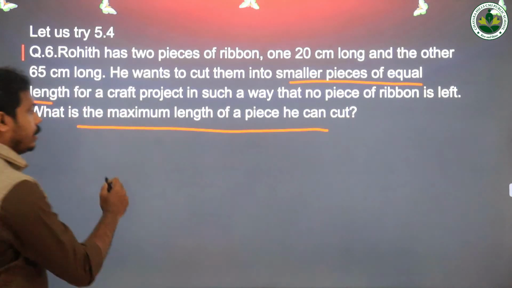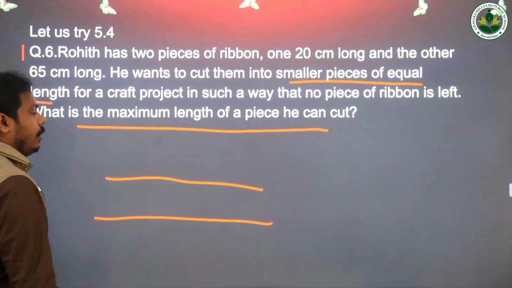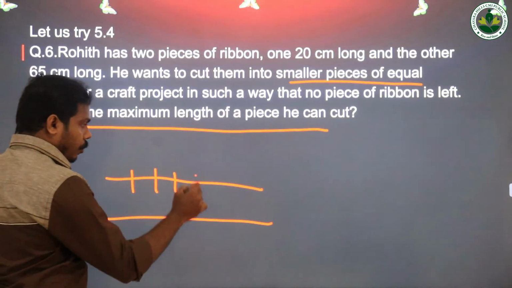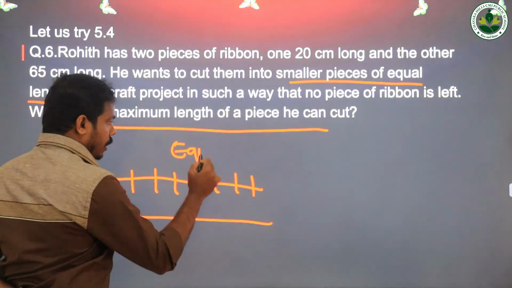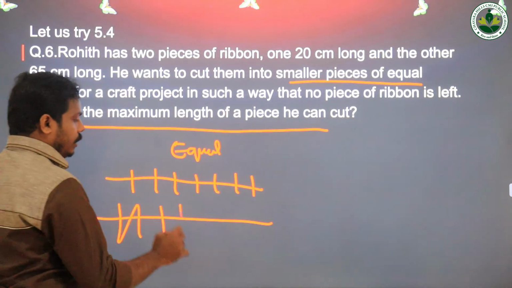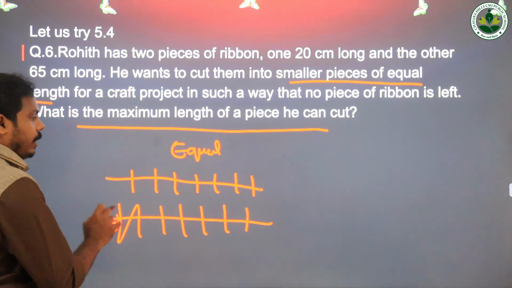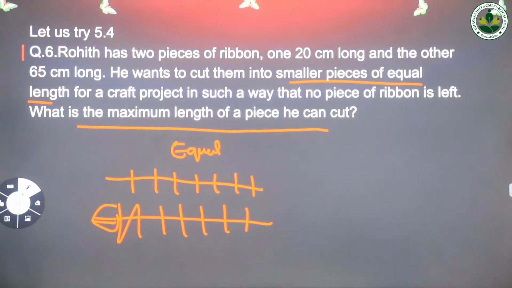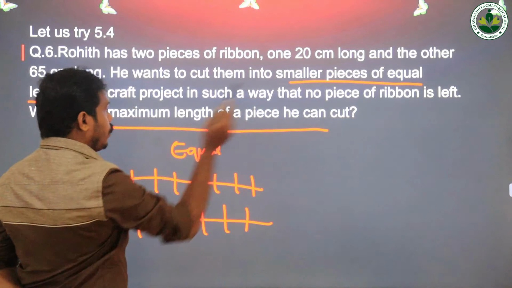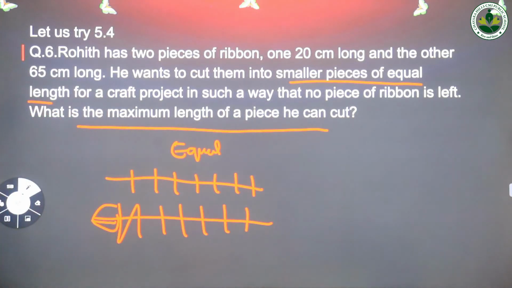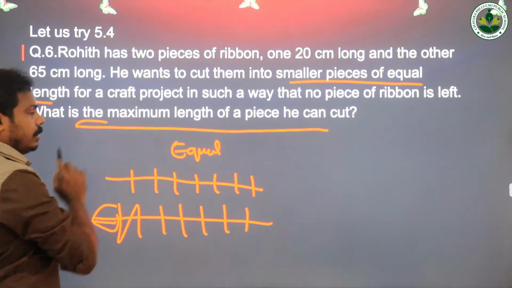He needs to cut the 2 ribbons into smaller pieces. Those pieces are equal, and we need to find the maximum length of the piece. Here we can see 2 words, equal and maximum. We need to find the maximum.